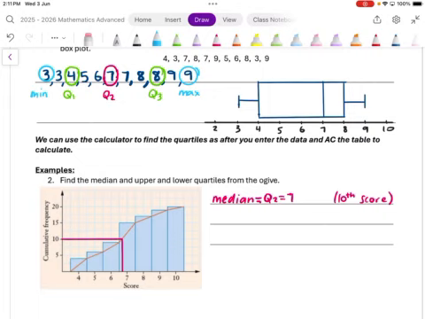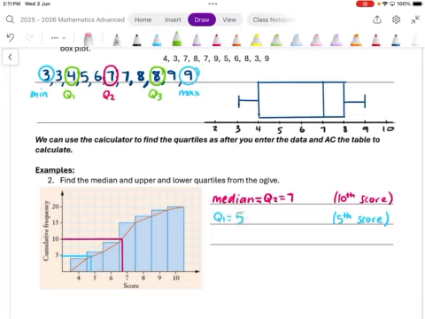Then we have our Q1, which is at our 5th score. We draw a line across at 5 until we hit our ogive, and go down, and we see that the score is 5. So our Q1 is 5.